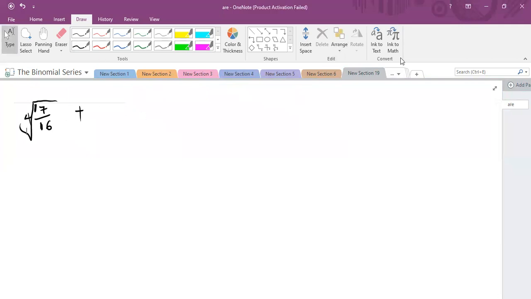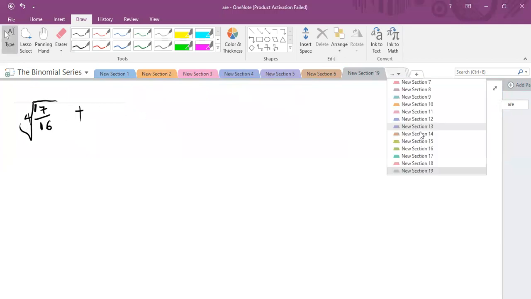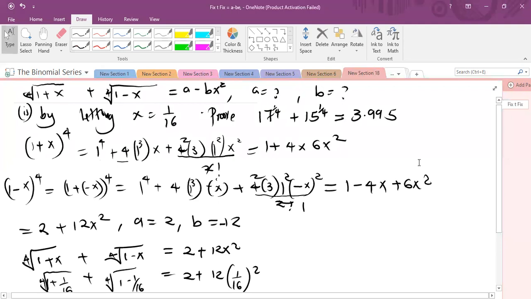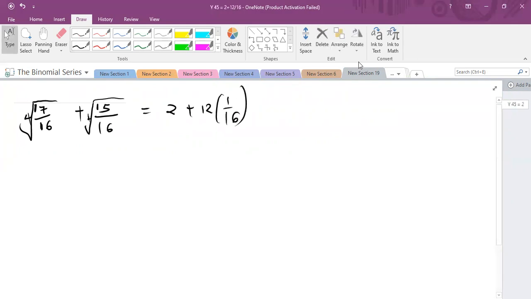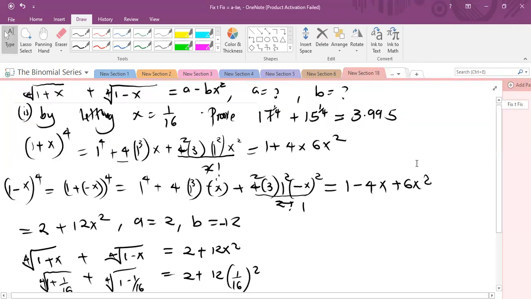And 1 minus 1 over 16 is the same as 15 over 16, 4th root. And this is equal to 2 plus 12 into 1 over 16.